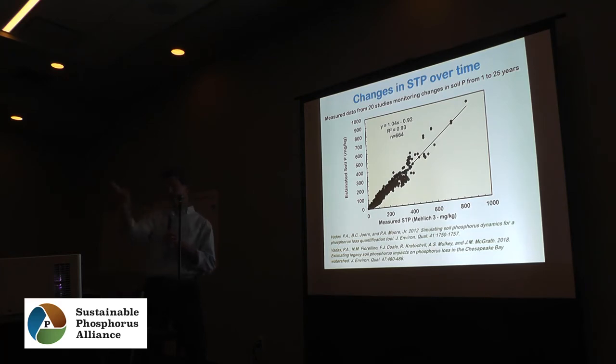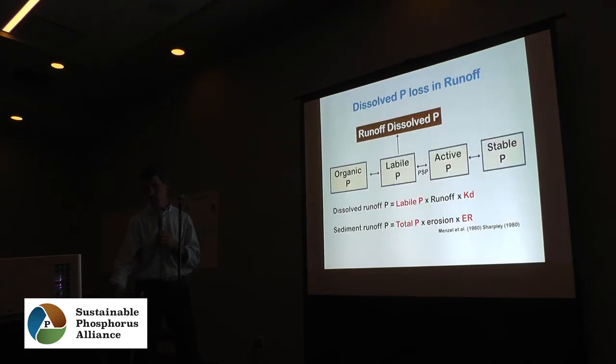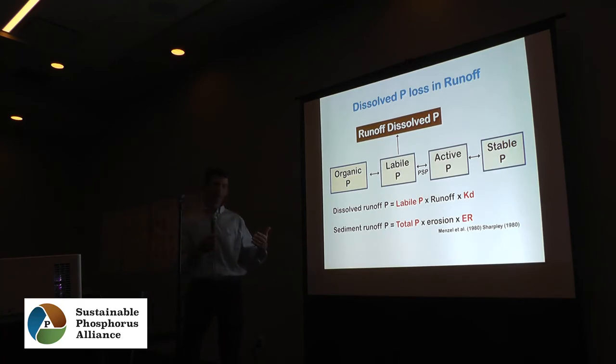While it doesn't necessarily represent a lot of the details that Chad got into, it does a very good job. So the next thing is, as we're looking at soil P changes through time, we want to make sure that as we're simulating this phosphorus in the soil, it's feeding our pathways of loss properly.